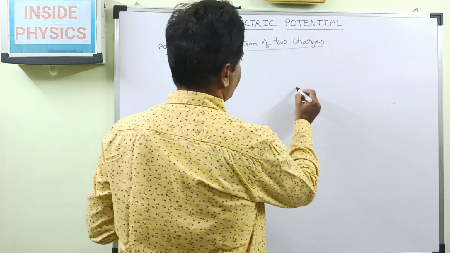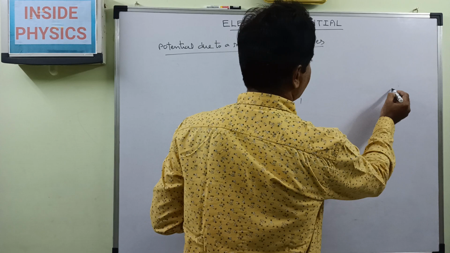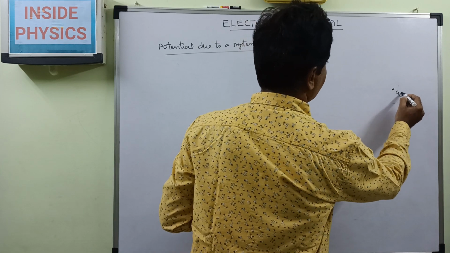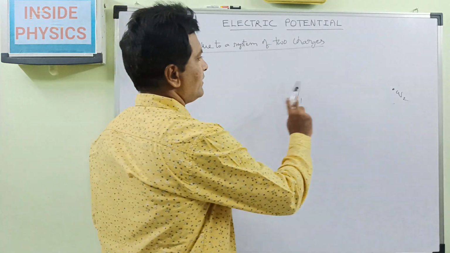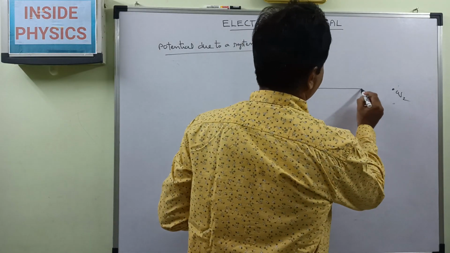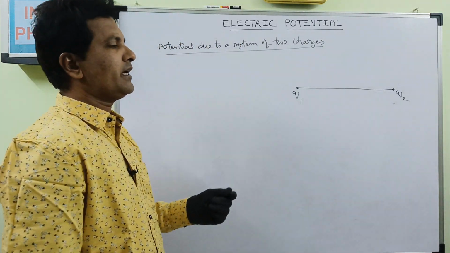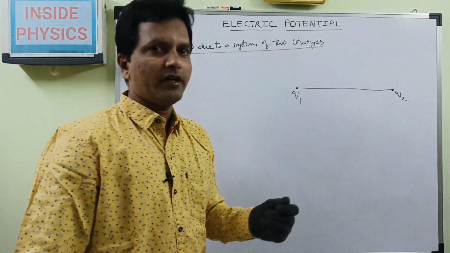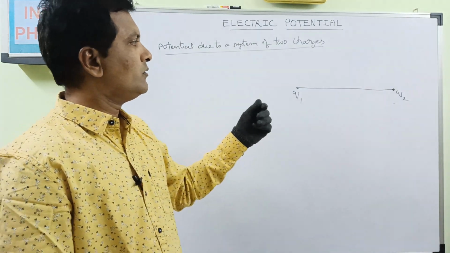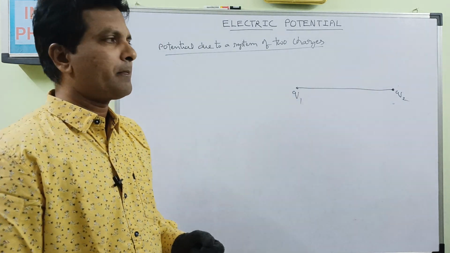We will see how the system of two charges will be. This is Q1 and this is Q2. The distance between them we can represent as r with some x. First, we should find how to proceed to find the potential due to this combination of charges.